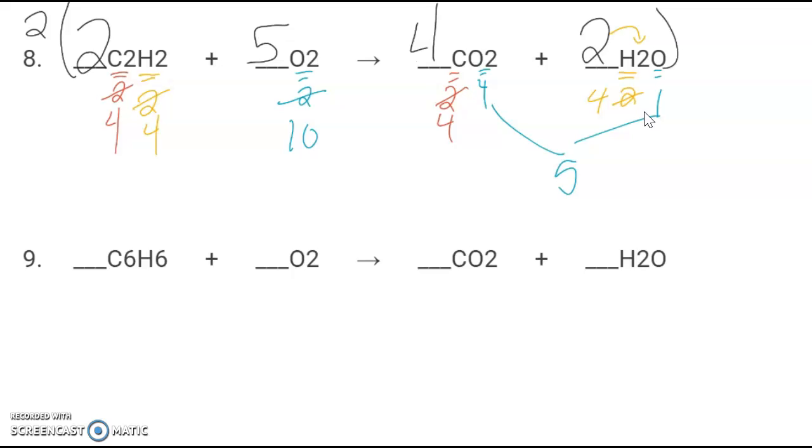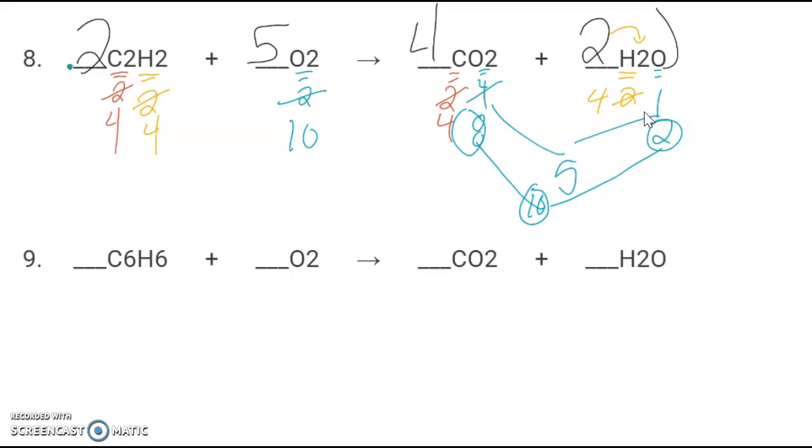So we have 4 times 2, which is 8, and 2 times 1 is going to be 2. So our new oxygen is going to be 8 plus 2, which is 10. So everything is balanced. Our final coefficients are going to be 2, 5, 4, and 2 for number 8.